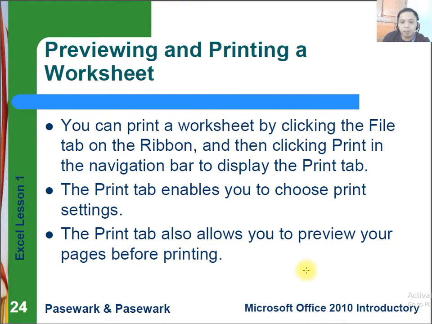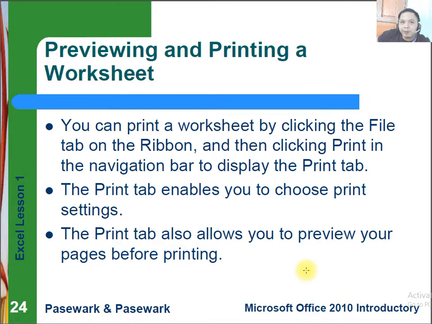Ayan. Okay. Previewing and printing a worksheet. You can print a worksheet by clicking the File tab on the ribbon, and then clicking Print in the navigation bar to display the Print tab. The Print tab enables you to choose print settings. Pwede kang pumili kung anong printer ang gagamitin, if you have multiple printers.